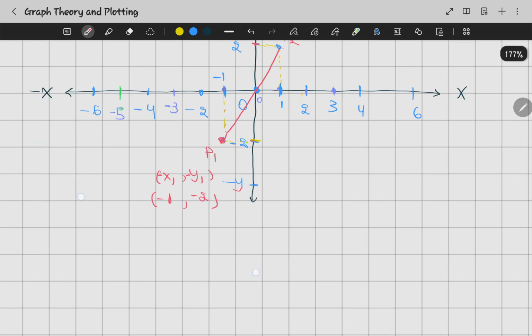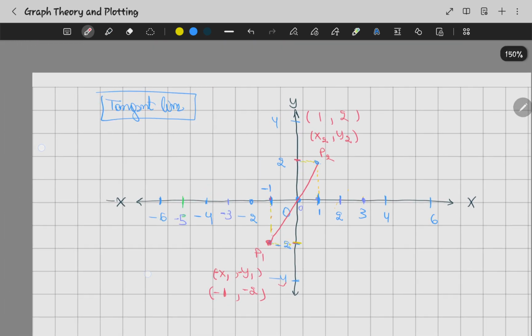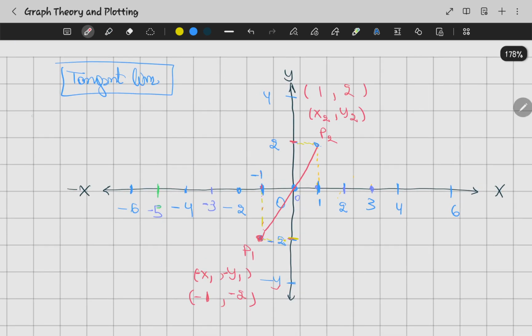So what we got here is going to be P1, we got it as 1 and 2, and then P2 is actually the other way around, so not this one, so it should be negative 1 and negative 2 as P1, 1 and 2.